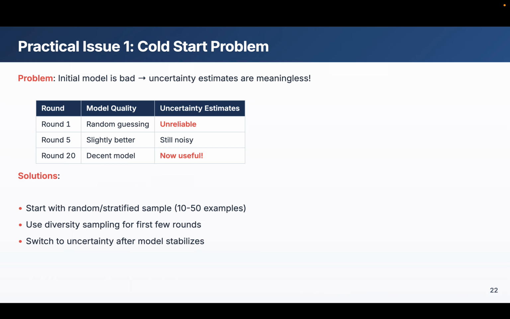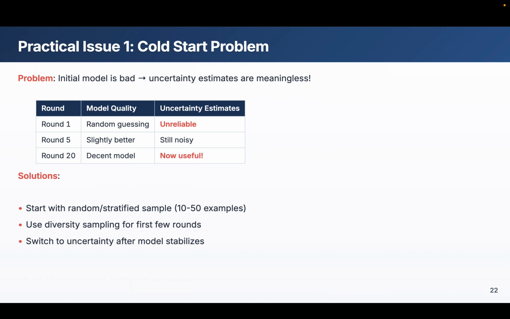So therefore, on similar lines, the model will not be very good unless you have labeled a few examples. But that is the whole problem. We don't have enough labeled data. So therefore, it's a catch-22 situation. Initially, the model quality will itself be very poor if you don't have a lot of labeled examples. And therefore, the uncertainty estimates you're getting out of the model are also not very reliable.